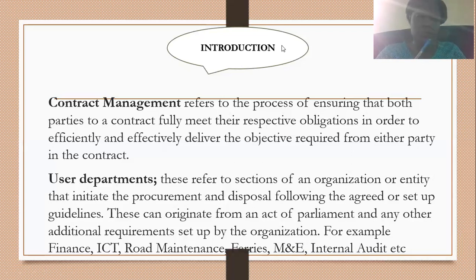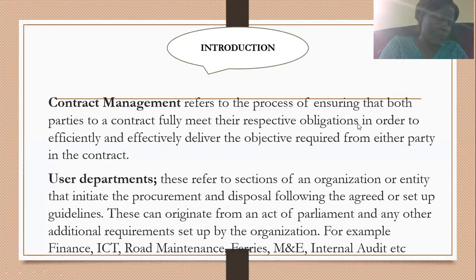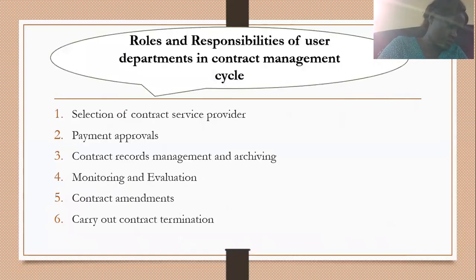These refer to sections of an organization that initiate the procurement and disposal process. They vary depending on an organization. They can fall under the sections of finance, ICT, management, maintenance, depending on how the organization is structured. Therefore, we will look at the roles and responsibility of user departments.